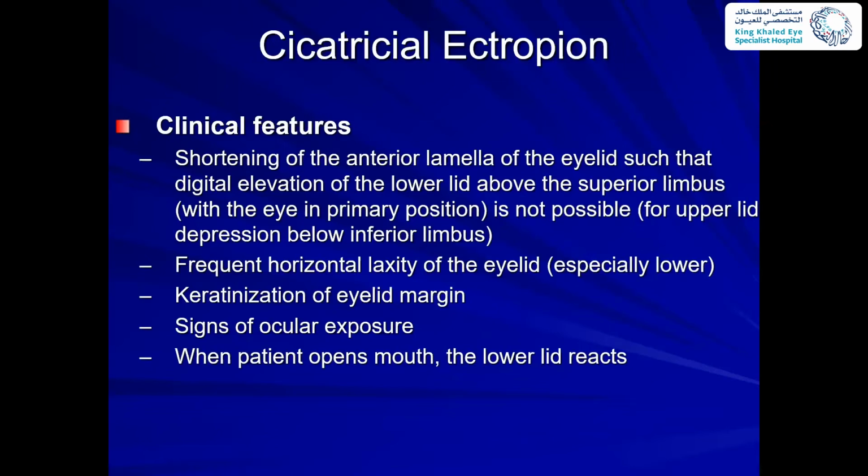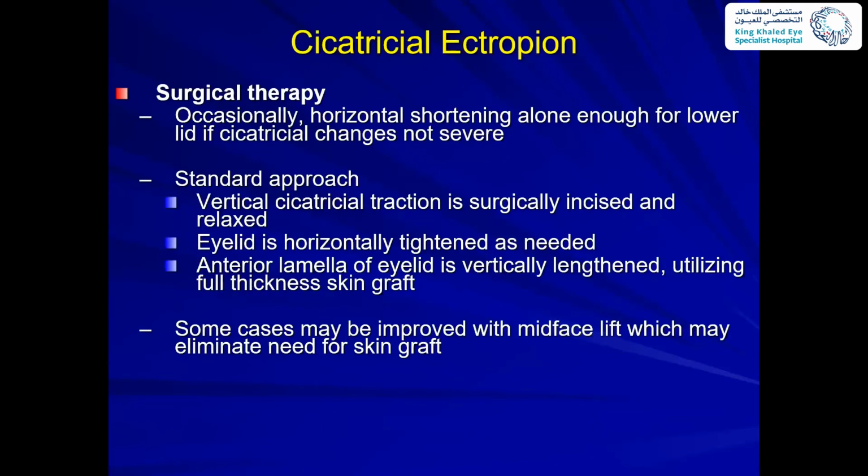Surgical correction is the treatment for cicatricial ectropion, and this sometimes, as we mentioned, can be associated with horizontal lid laxity that needs to be addressed at the time of surgery. The standard approach for vertical cicatricial traction is surgical incision and relaxing at the incision. And sometimes we need to replace the anterior lamella with a full thickness skin graft.